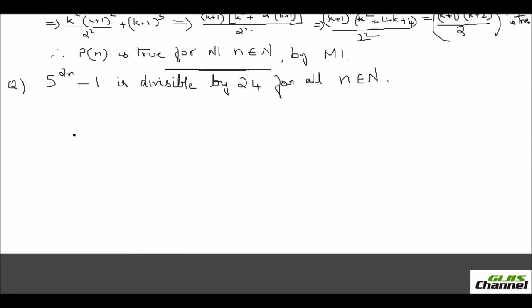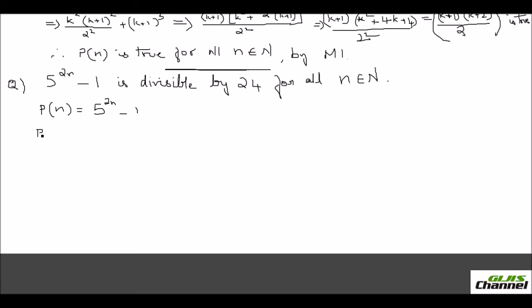So I have taken another question. This is a different type. Here they say 5 raised to 2n minus 1 is divisible by 24, and you need to prove this for all n, a natural number. What we do is we have P(n) as 5 raised to 2n minus 1, right?